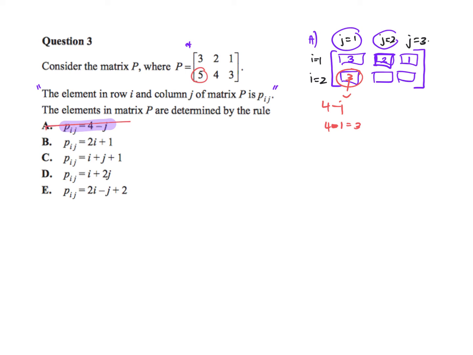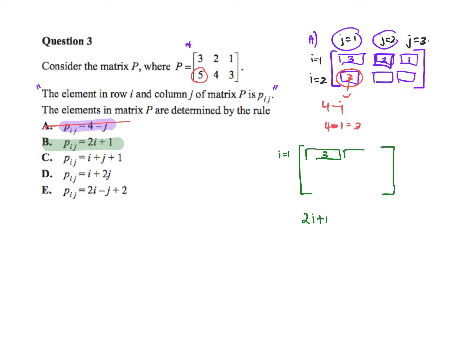Okay, so now I'm going to try the next rule. I'm just going to draw it in green. The rule is saying to do 2i plus 1. In this spot here, i is 1, so 2 times 1 is 2, plus 1 is 3.